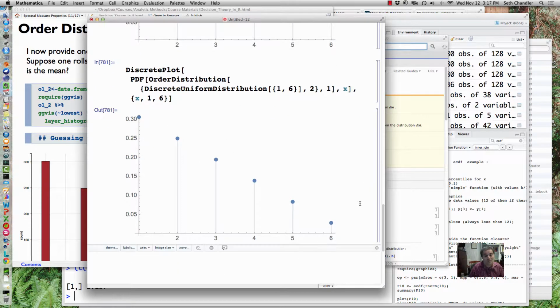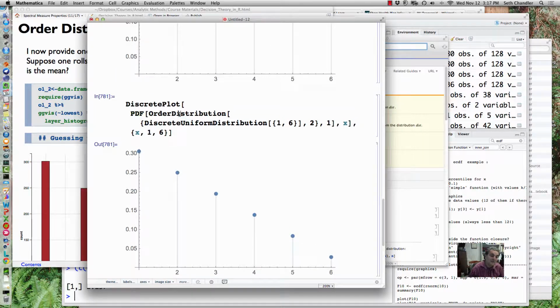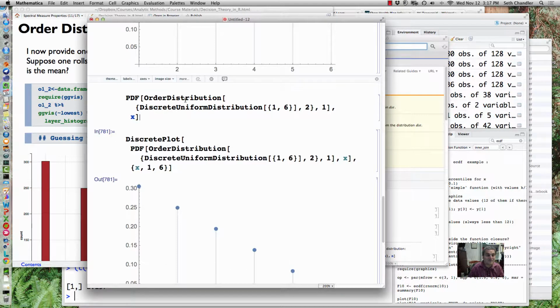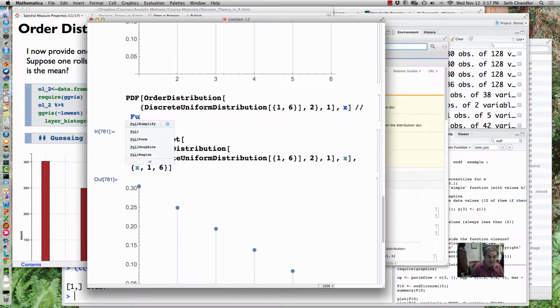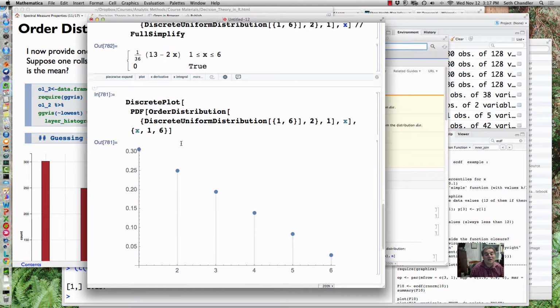And so it kind of looks like our friend a line. I guess it isn't actually a line. Hang on, 1 second here. Is it a line? Let's do a full simplify on this and see if it turns into a line. That's the equation of a line, isn't it? All right, so it is a line.